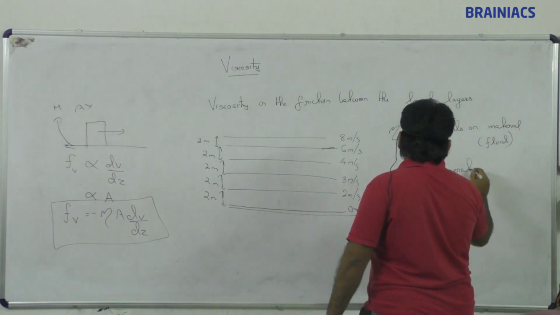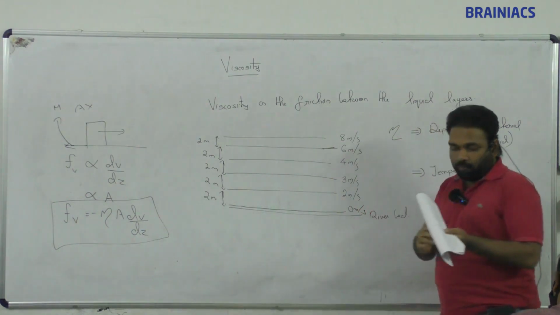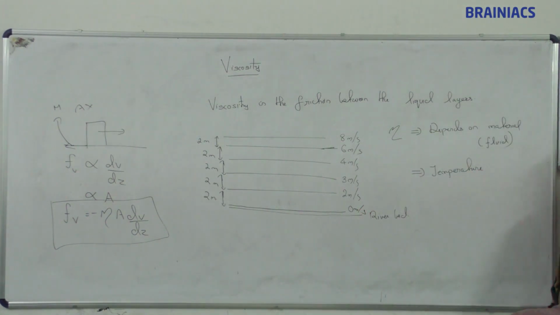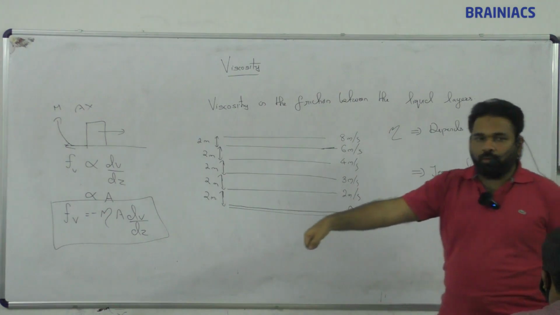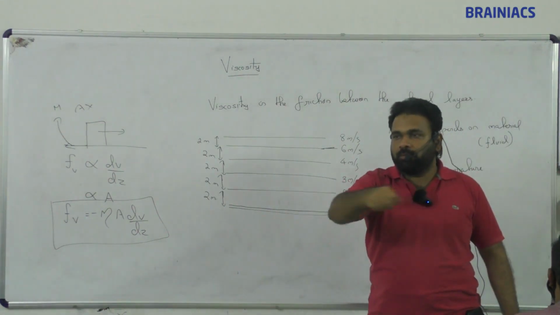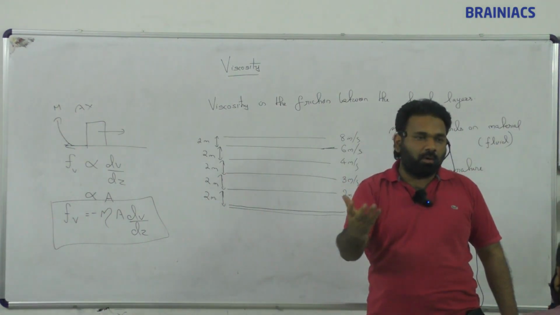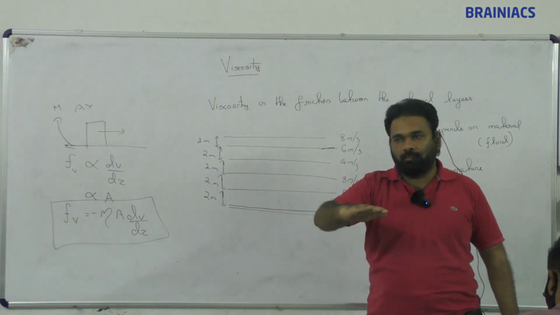Temperature. So when you heat the tar, it will become less viscous. Those people will pour it on the road. Then once it is cold, that will become very strong.